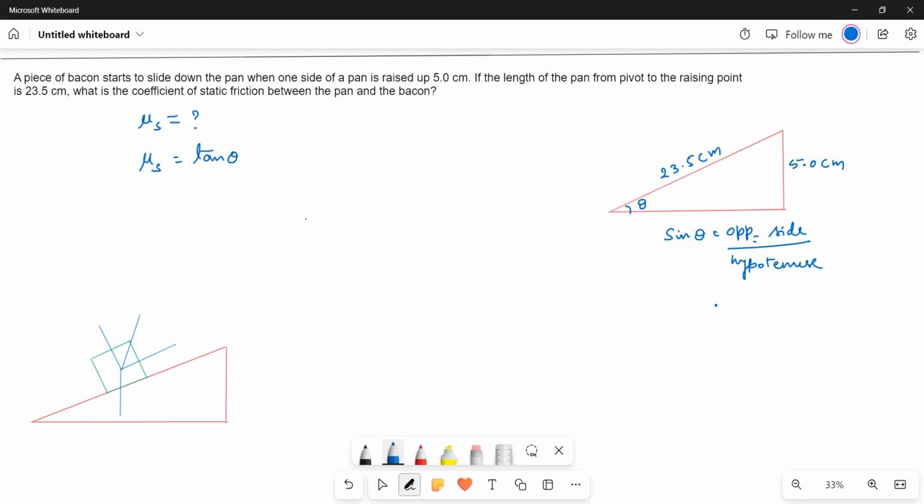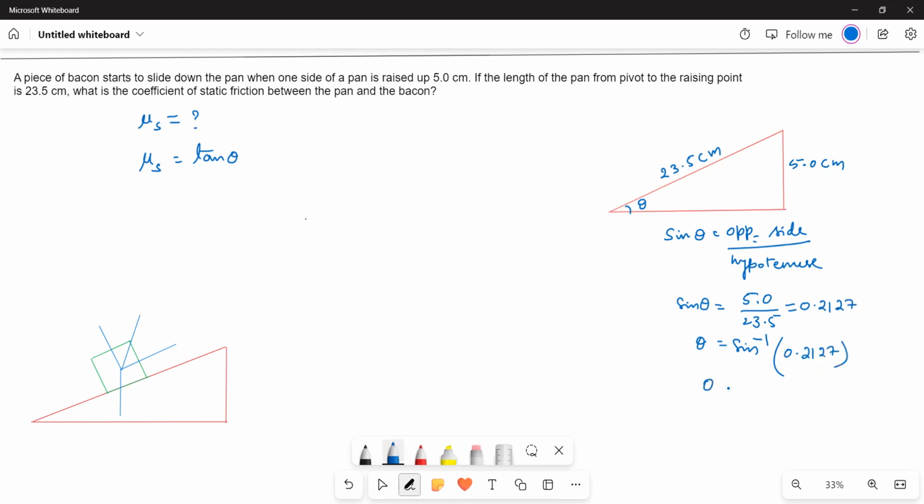So here we have 5 divided by 23.5, and then theta is equal to sine inverse. The value of 5 divided by 23.5 is 0.2127, so sine inverse 0.2127 gives the value of theta.